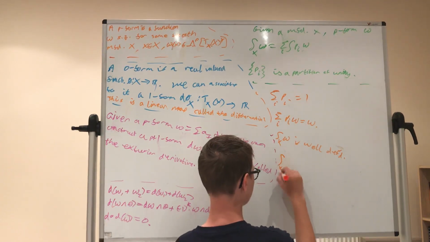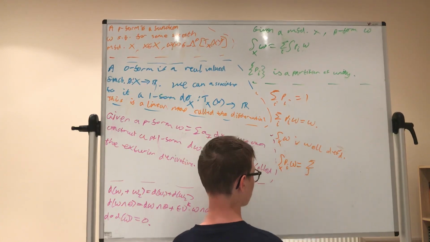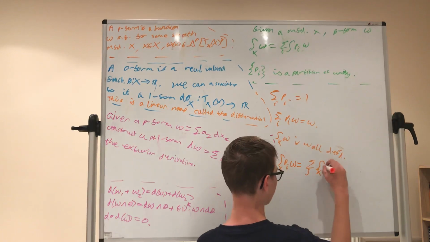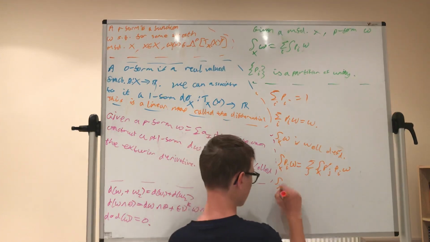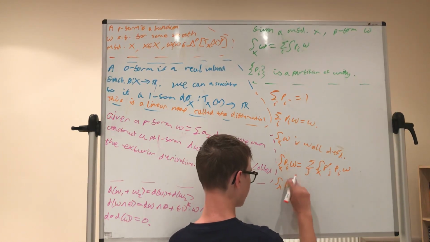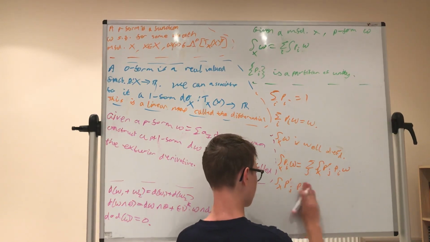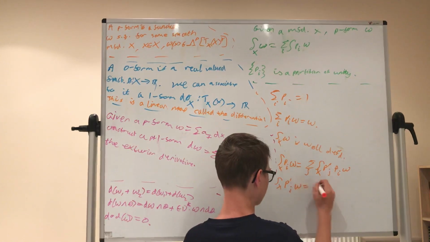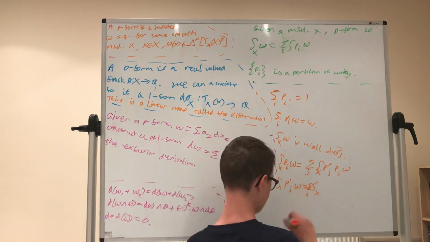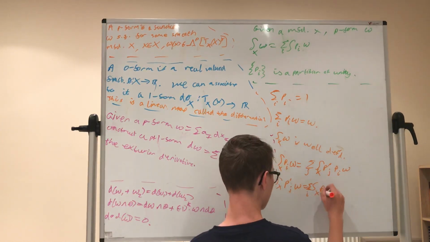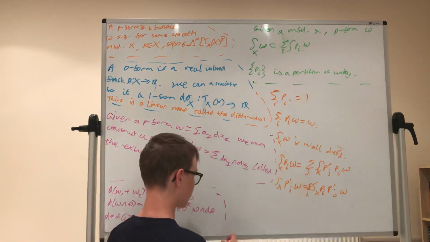Then we're going to have the integral over X of p_i omega is equal to the sum over j of the integral over X of p prime j p_i omega. And the integral over X of p prime j omega is equal to the sum over i of the integral over X of p_i p prime j omega.